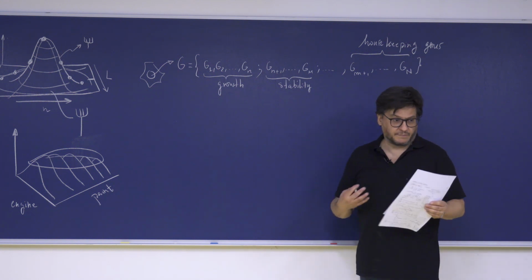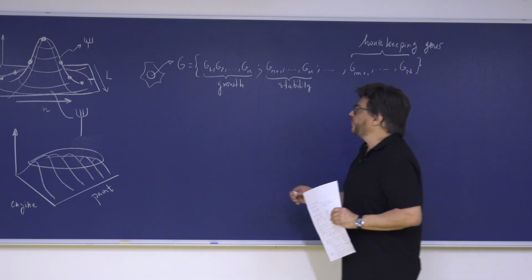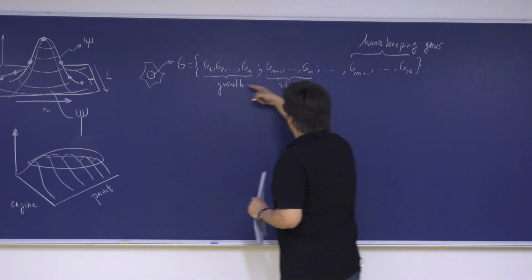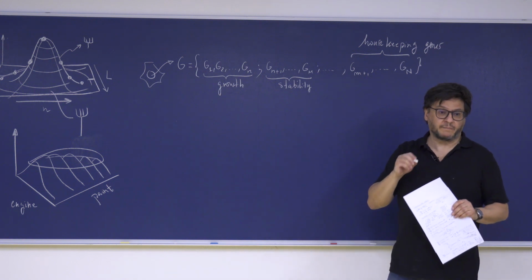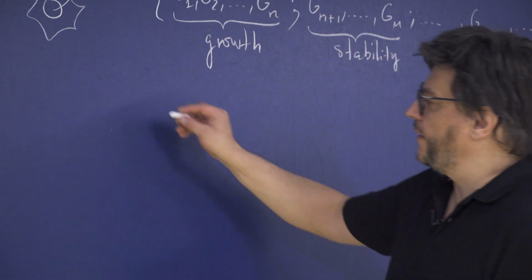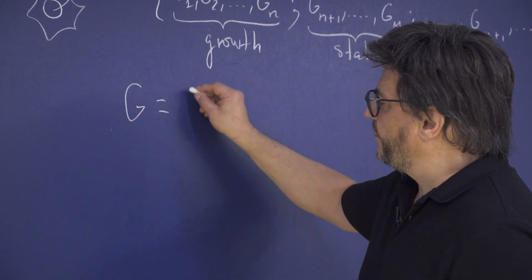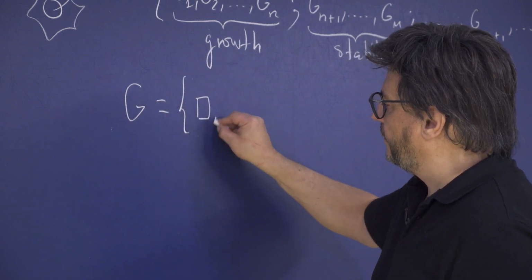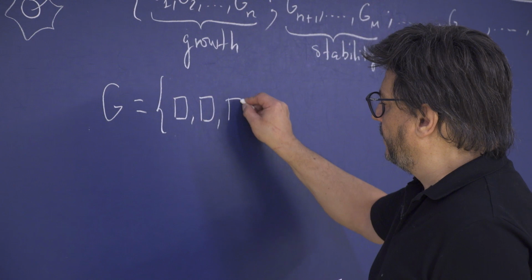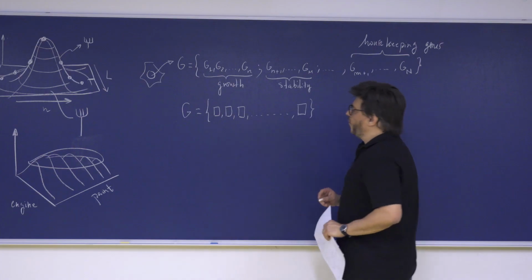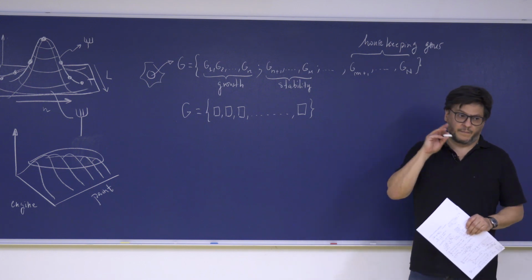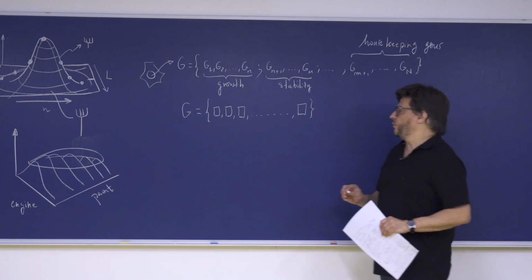Well, let's make a very simplified picture, okay? Where now my genome is a string of bits, or a bit string, meaning that my genome could be represented as a collection of 0 or 1, right?